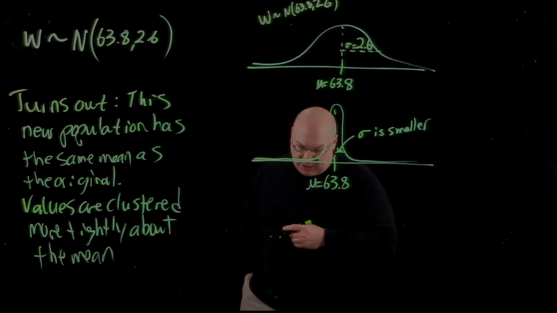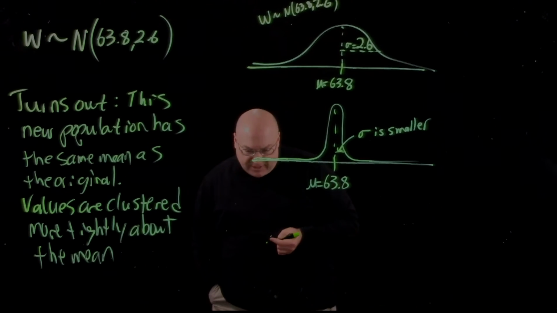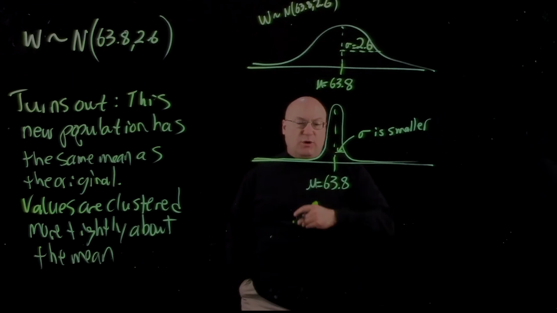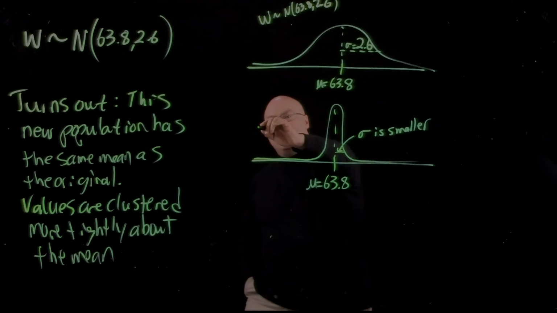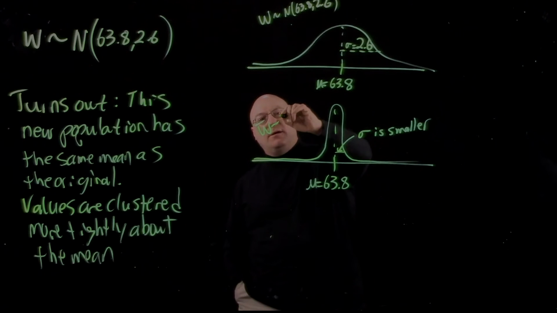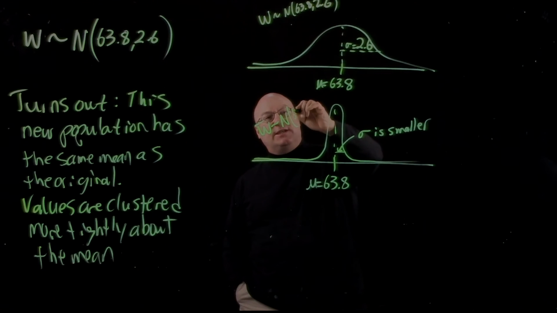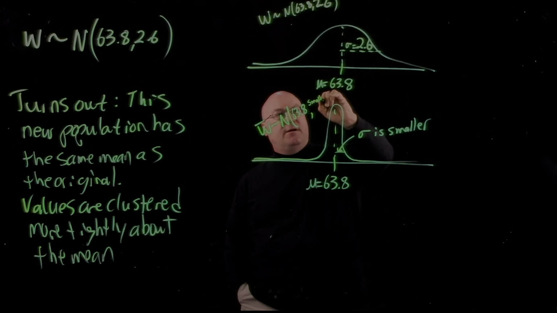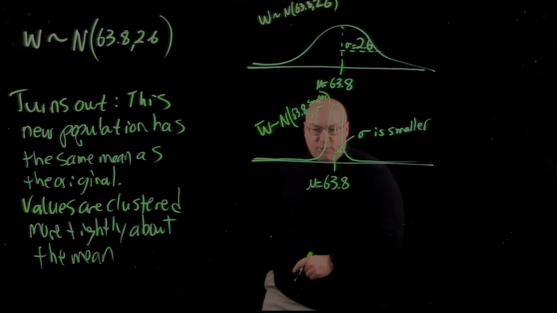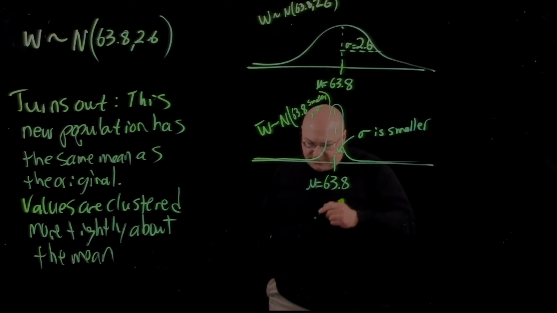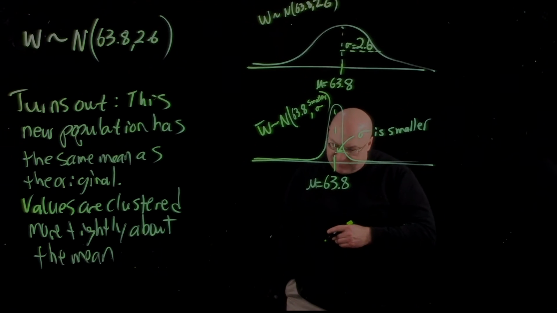And I say below that, if we think of W as the random variable that represents a randomly drawn number from the set of means, then W bar appears to be normal with mean 63.8, and, well, right now I'm running out of room, but I'm just going to say a smaller sigma. Don't know what it is, right? Smaller standard deviation, okay?